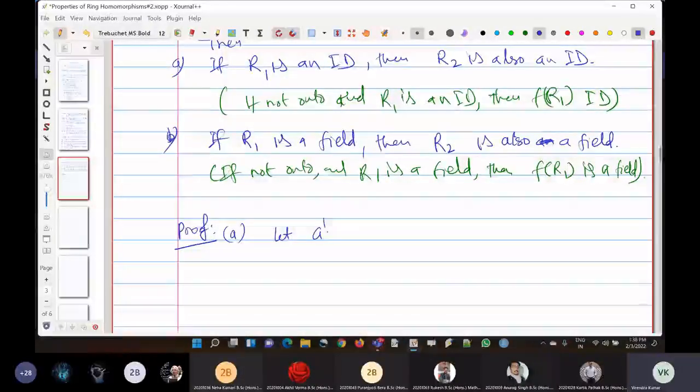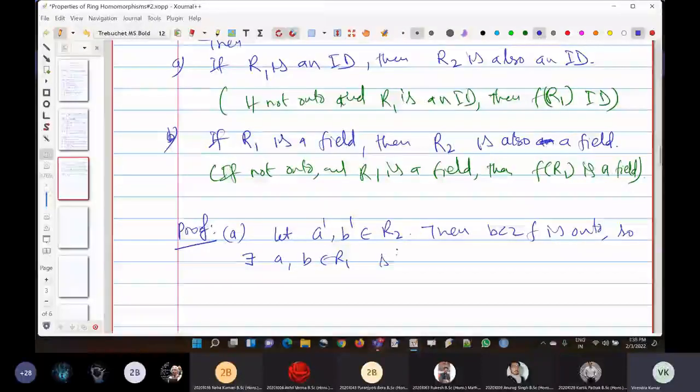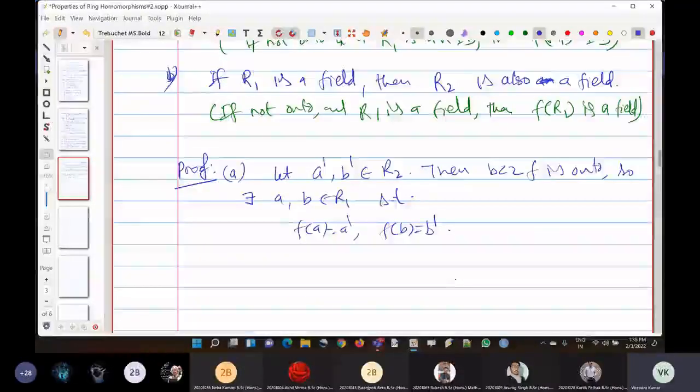So we can consider that A dash and B dash are members of R2. Because f is onto, there exist A, B belonging to R1 such that f of A equals A dash, f of B equals B dash, like this. All right.